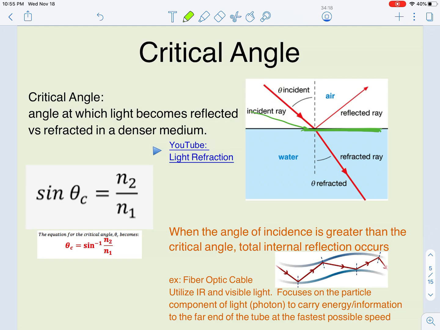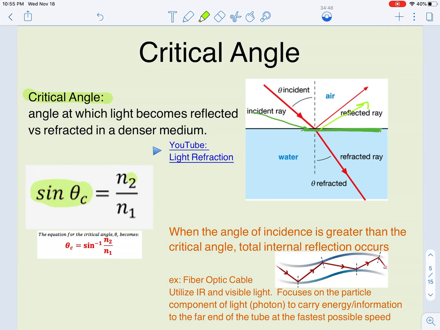So if we continue to increase our angle, instead of refracting through the water, what we're going to get is a light that reflects out of the water. So this threshold, this turning point, if you will, that determines whether the light is going to be refracted or reflected is known as the critical angle.